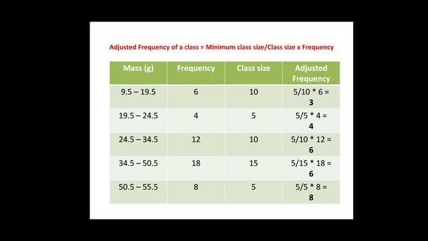So it is 5 divided by 10 multiplied by 6, which is then equal to 3. So we get our adjusted frequency for the first class interval as 3. Similarly, we do it for the rest of the rows. So we have got our adjusted frequencies as 3, 4, 6, 6 and 8.